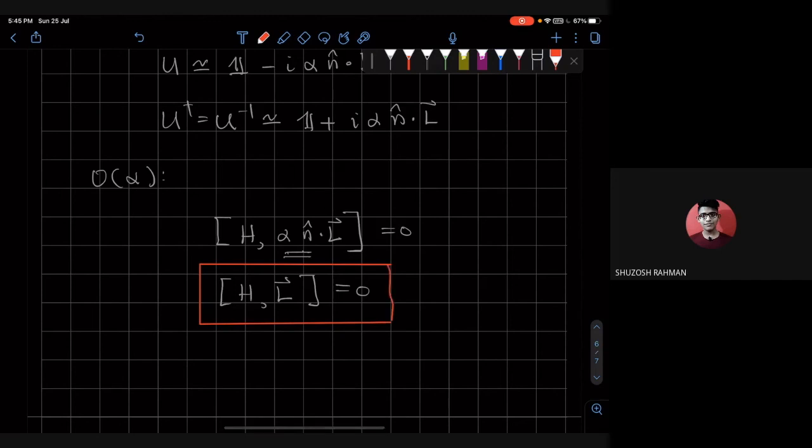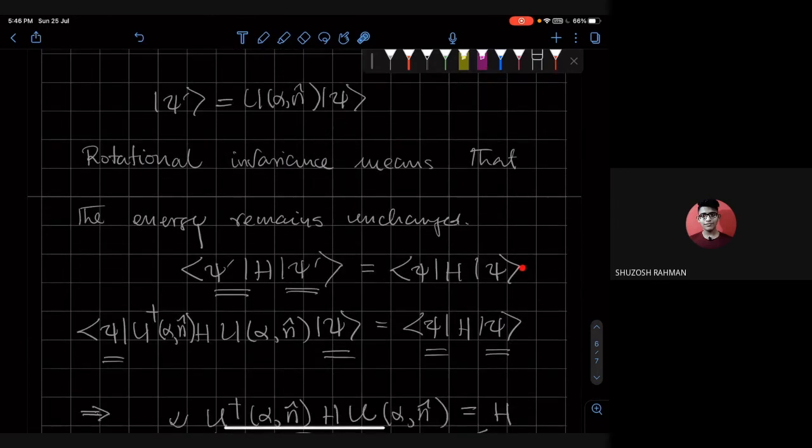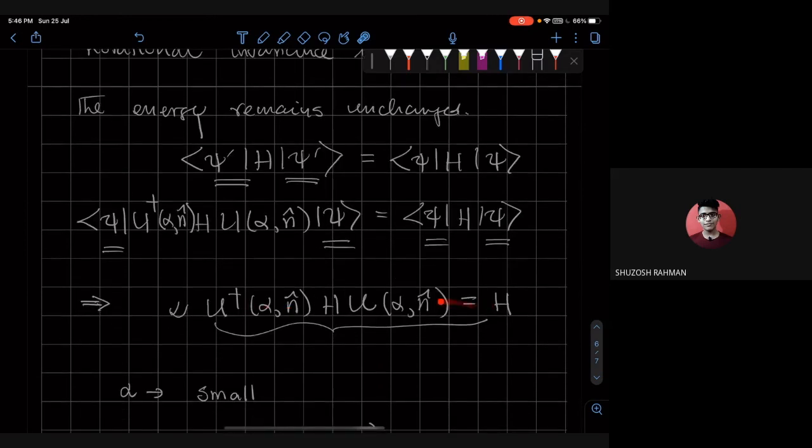Sir, so the position of the state doesn't matter as long as the energy is the same? Okay. The thing is that there could be a special state for which this is true. But we are not assuming that special state. We are saying that this has to be true for any state and for any rotation. If this is true only for a particular special state, then we cannot go down and claim that this is true.